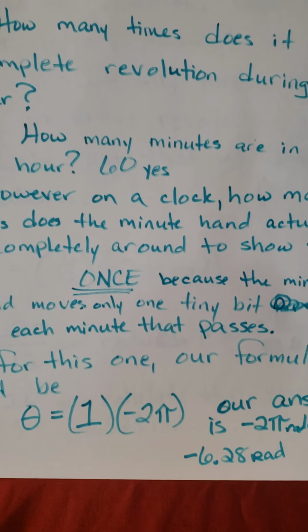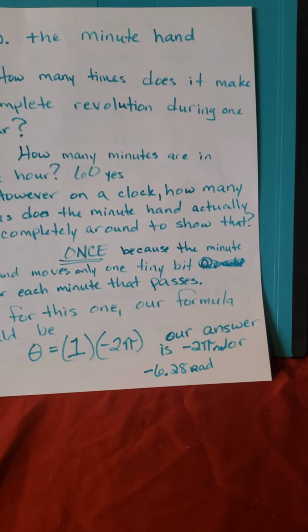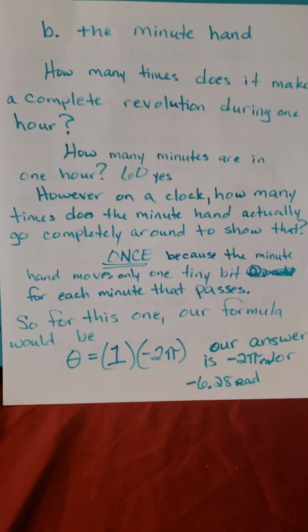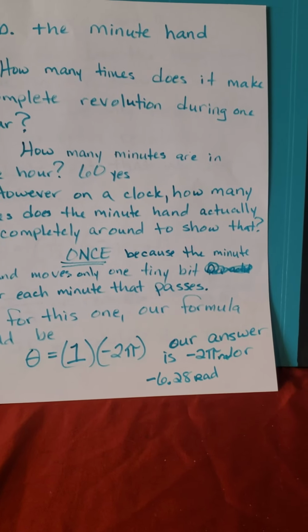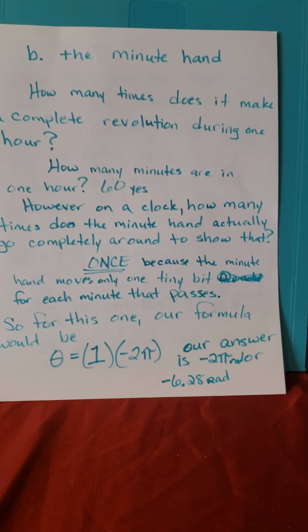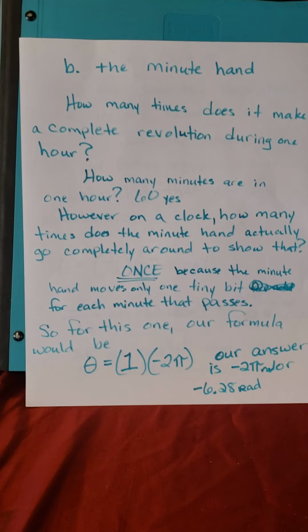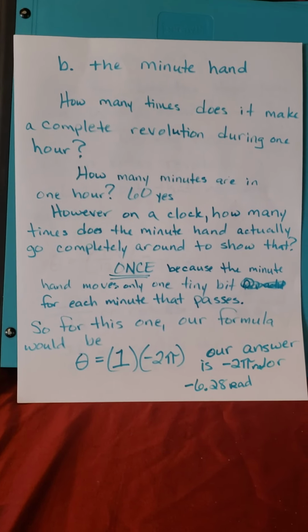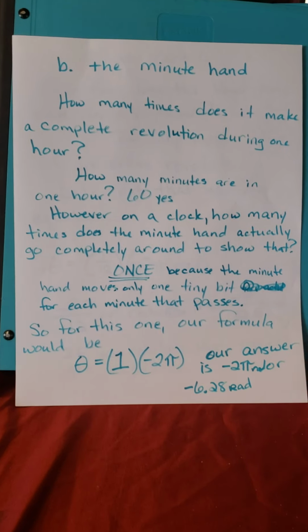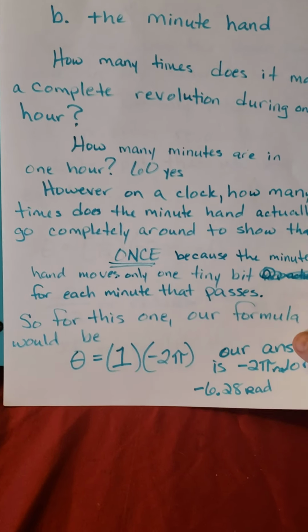That's simple. So your answer is negative 2 pi, or negative 6.28 radians. And if you hear snoring in the background, that's my mastiff. Even physics bores him.